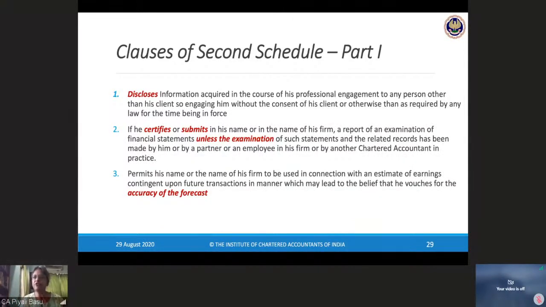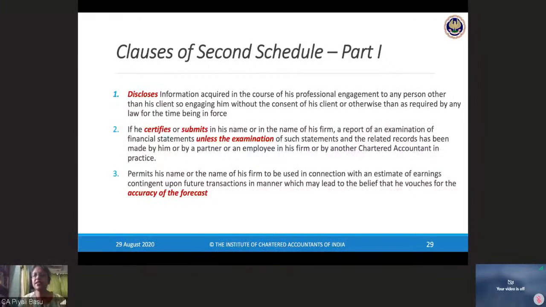So by virtue of the scope of our work, the scope of our assignment, we are disclosing. So there is no problem. But otherwise, suppose we are doing a statutory audit, an internal audit, or some certification job. If we come across such a situation, can we disclose it? There are clauses, rules, and guidelines given by the institute. So let's look into this.